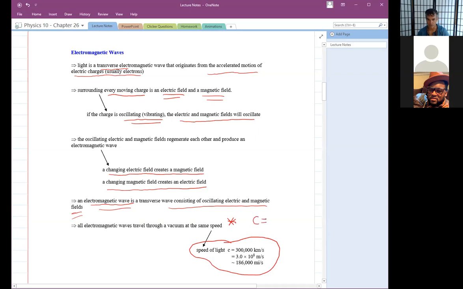And just in terms of units that we're used to, it's about 186,000 miles per second, not miles per hour. So in 1 second, light will travel about 186,000 miles. Unfortunately, we're not going to have time to get to relativity, but light is the fastest thing in the universe.